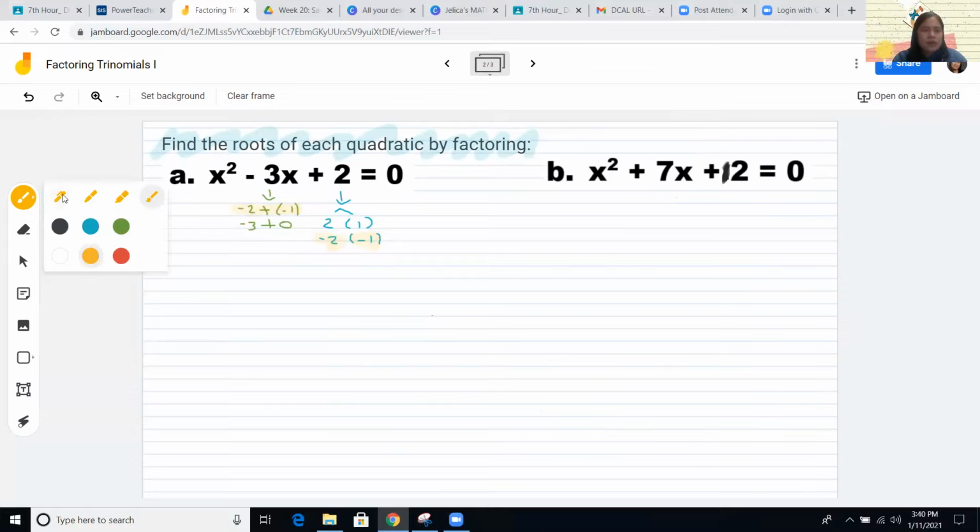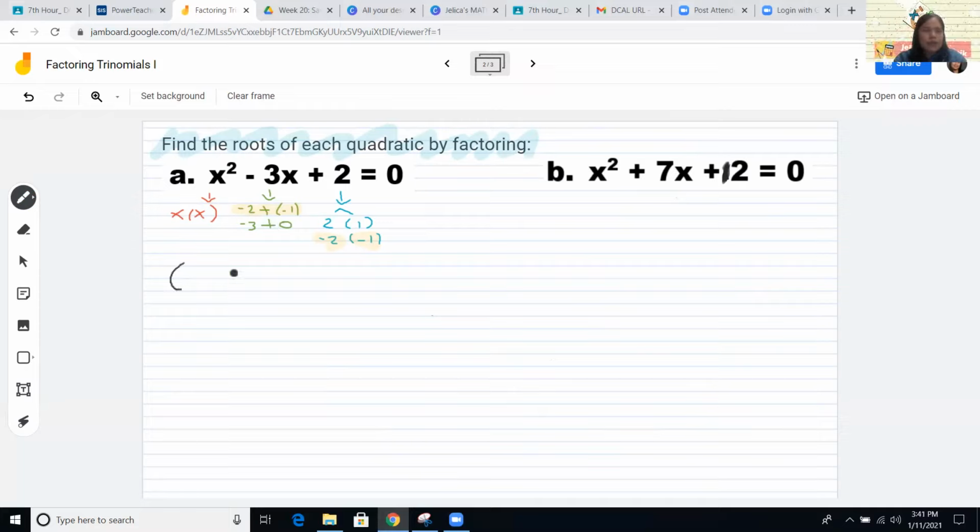Then the next one, we're going to factor the quadratic term, which is x squared. So we have x and x. X times x. Okay, so there you go. Very easy and simple, solving trinomials or quadratics by the factoring method. After you factor the constant term, you find the addends for the linear term, and you factor the quadratic term.